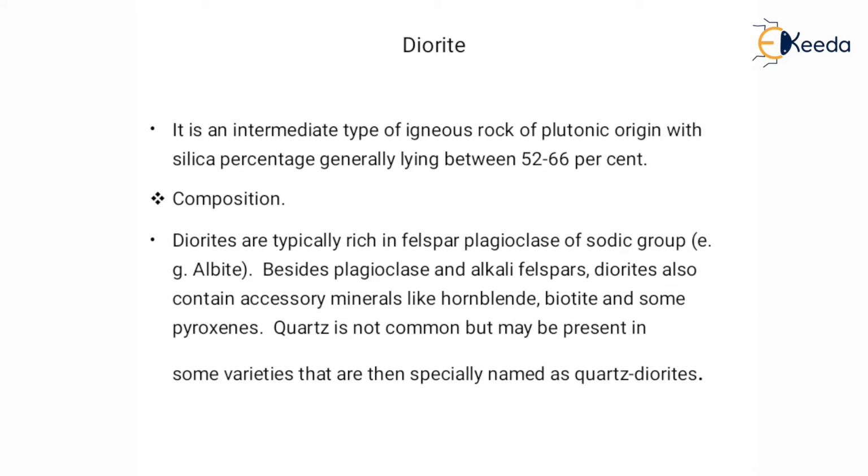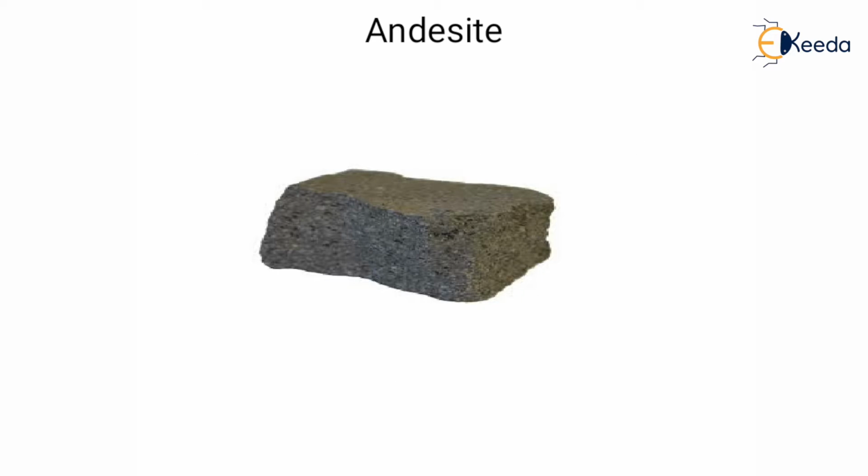Composition: diorites are typically rich in plagioclase feldspar of the sodic group. Besides plagioclase and alkali feldspar, diorite also contains accessory minerals like hornblende, biotite, and some pyroxene. Quartz is not common but may be present in some varieties, which are then named quartz diorite.